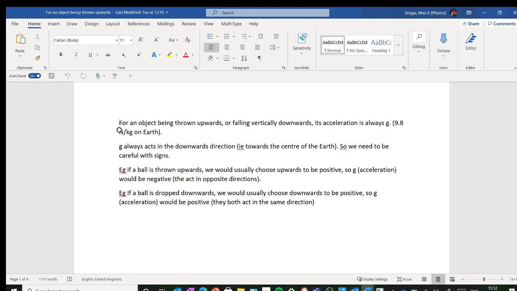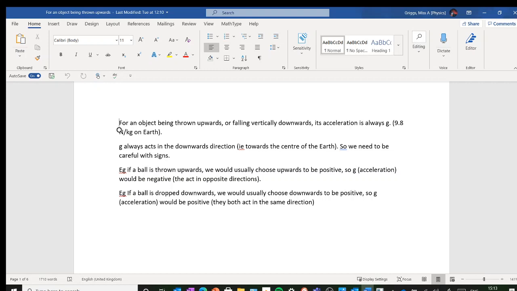So the acceleration would be acting in the opposite direction, so you'd have to say that's negative 9.8. Whereas if a ball is dropped downwards, we usually use downwards to be positive because that was our initial direction. So the acceleration also acts downwards, so it has to be the same sign as your downward speed. So it would be positive.